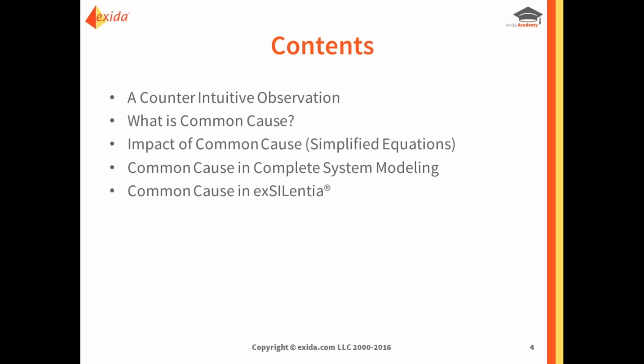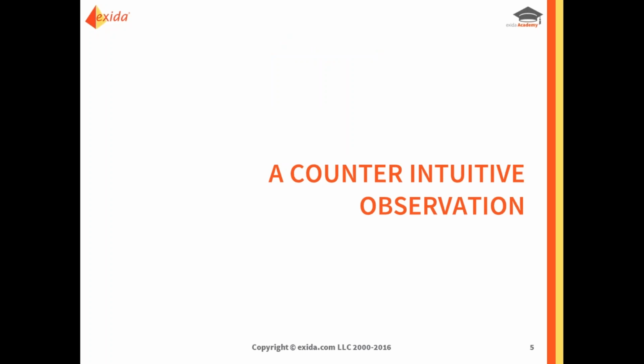We will be able to see that PFD may go down if beta increases, but we need to understand common cause in a complete system modeling context, because in cases where PFD may go down as a result of beta increasing, other aspects of the system may actually get hurt by the common cause factor. And eventually we'll look at common cause in Excellencia.